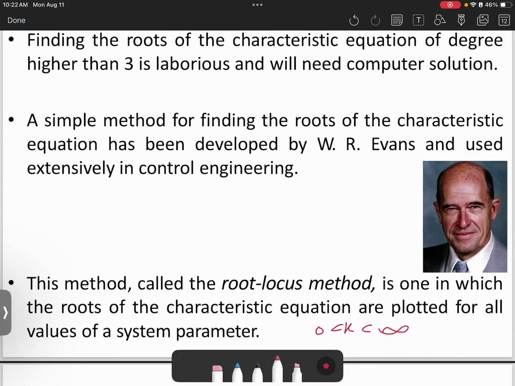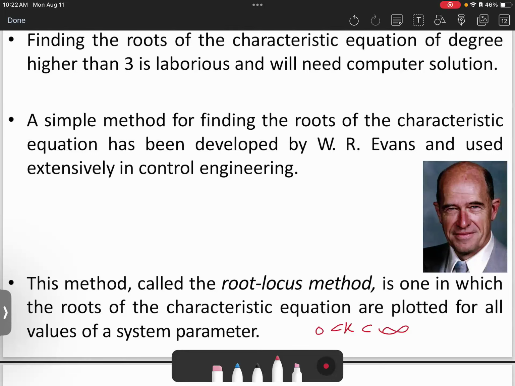Again, the root locus is a good tool, especially when we have a higher order system. This is very similar to Routh-Hurwitz. We can find the stability of first order, second order, even third order systems easily: just find the roots, then say whether the system is stable or not.